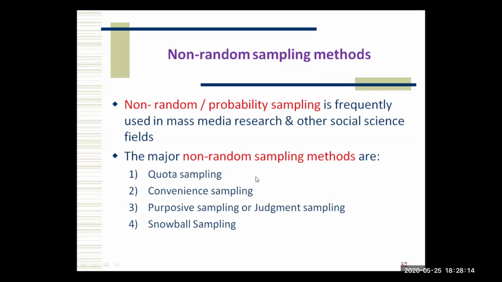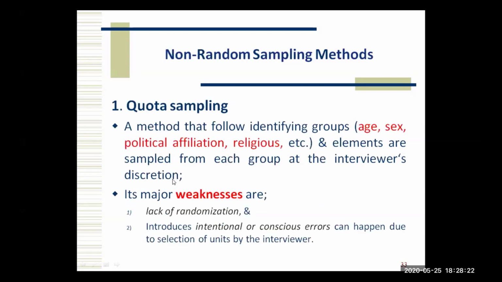Let me briefly discuss each of these techniques one by one. Quota sampling is a method that follows specific criteria. The criteria might be age, sex, political affiliation, or religion, but whatever the case, based on these criteria we select the required number of samples.